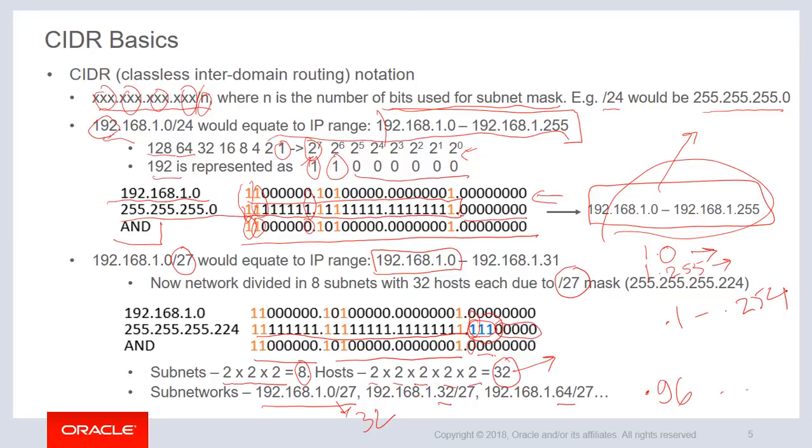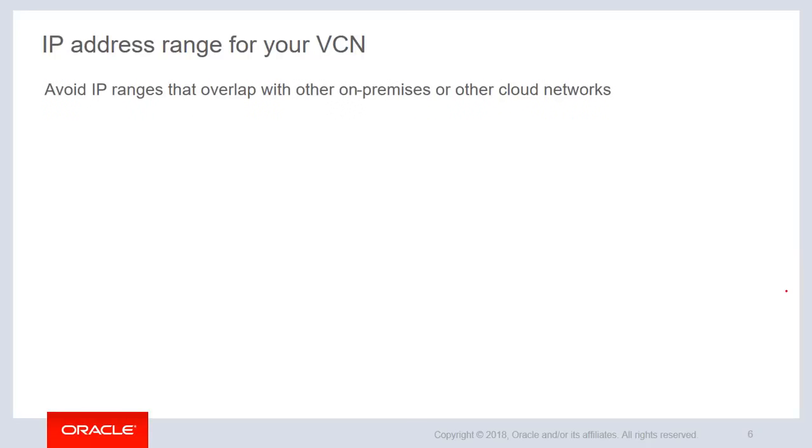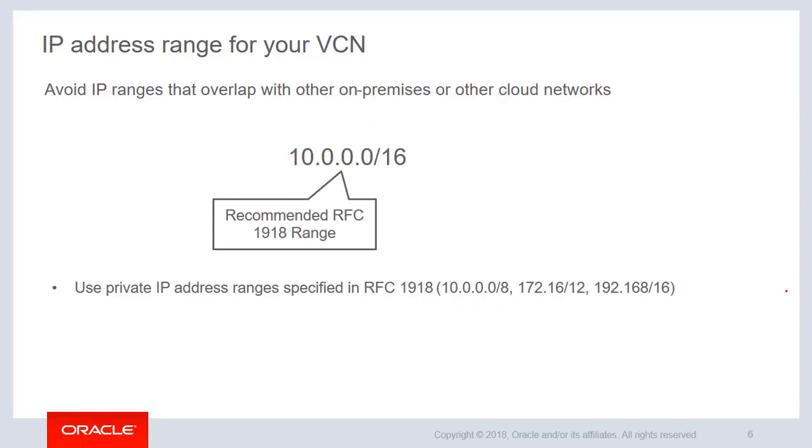This is just the basics of CIDR, something which is important to understand as you go and work with the VCN service. Now the rule of thumb is, when you choose your IP address range, avoid IP ranges that overlap with other on-premises or other cloud networks. And as you get into more advanced discussions, you will realize why that is the case and why it is important before you begin to do anything with VCN.